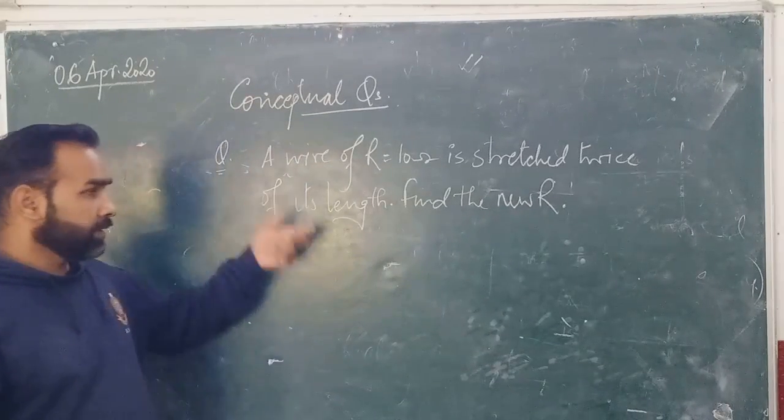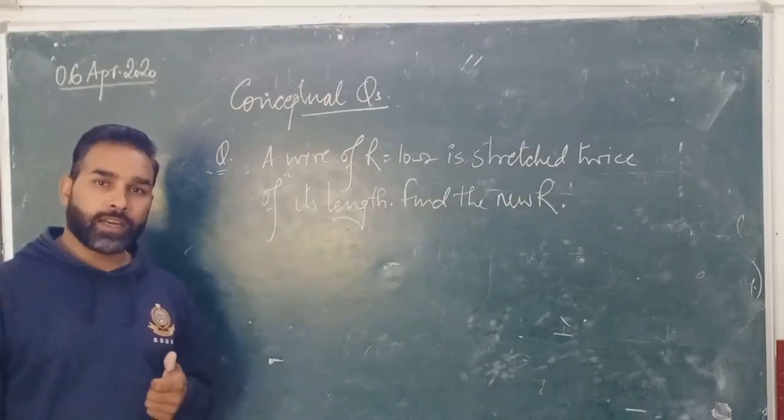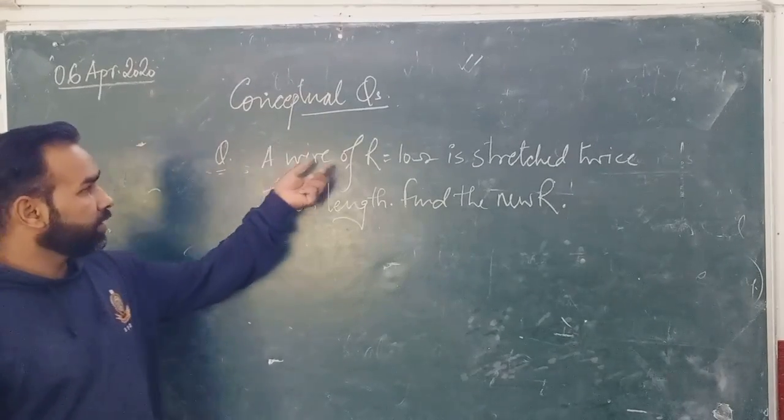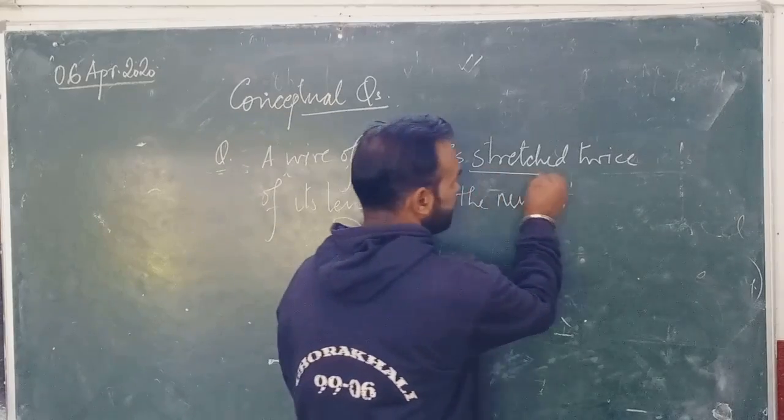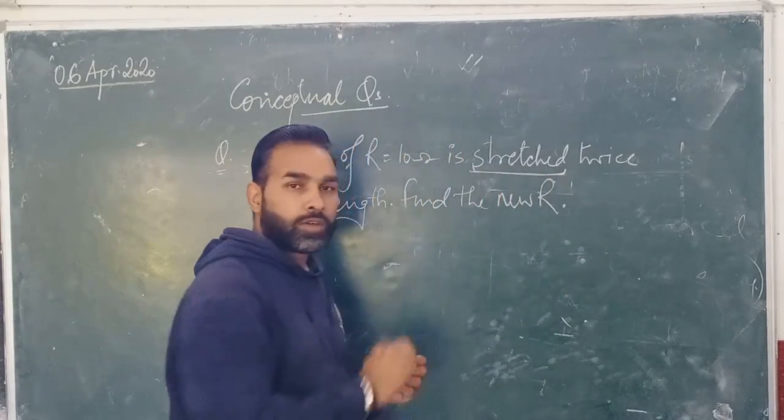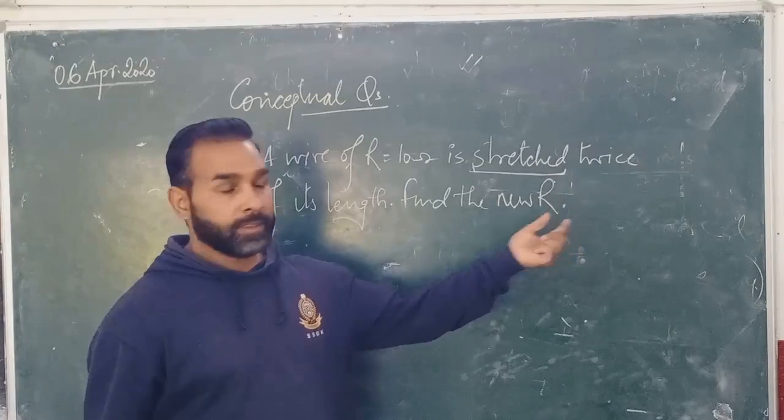Now, what is the basic concept in this kind of numerical? A wire of resistance 10 ohm is stretched to twice its length.